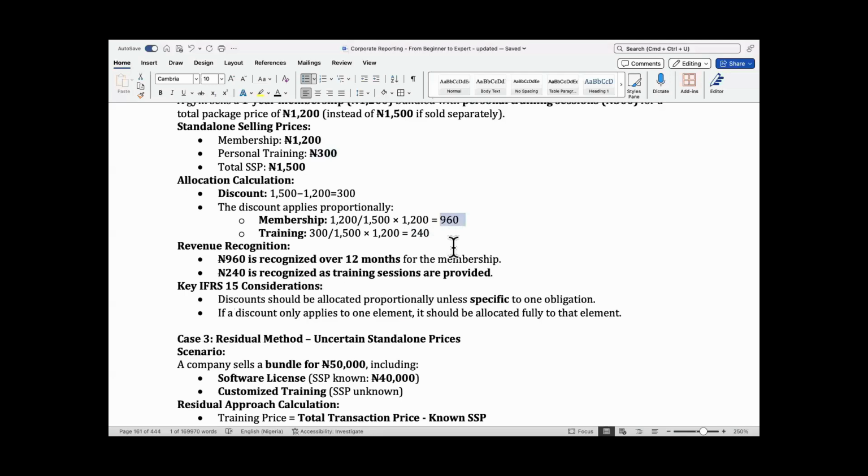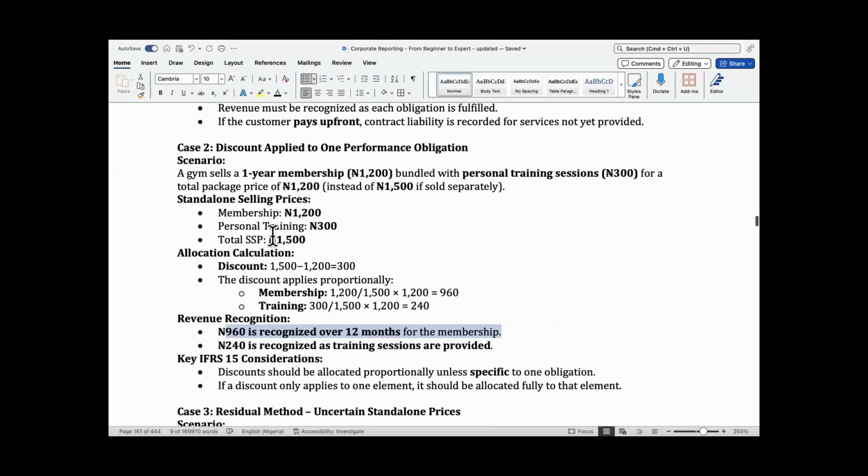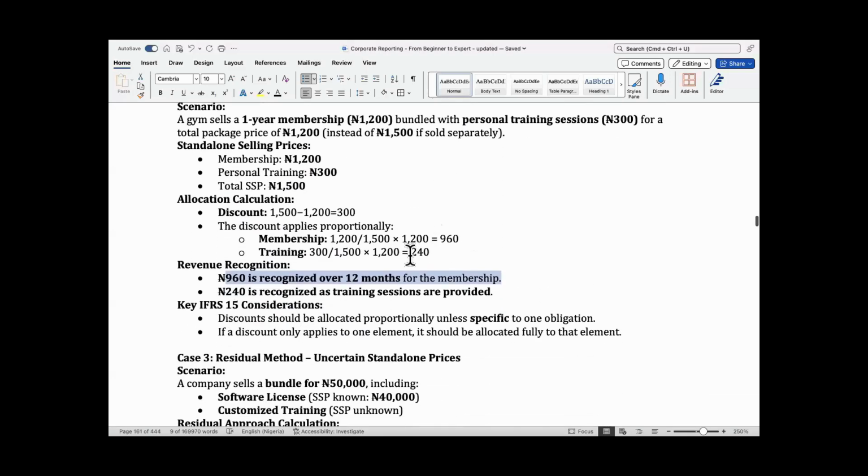The 960 is what we're going to recognize for the annual membership, over 12 months. While the 240 allocated to the training session is recognized as the training session is provided.